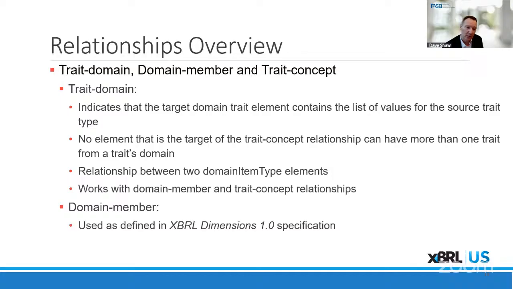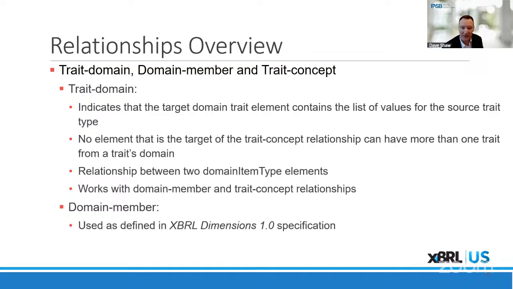As opposed to the other relationships that I've covered to this point, those have all been primary elements for which facts are reported against. And as I mentioned, these three relationships work together. So this works with the domain member and the trait concept relationships. The domain member relationship is being used in the way that's defined in the XBRL Dimensions 1.0 specification.